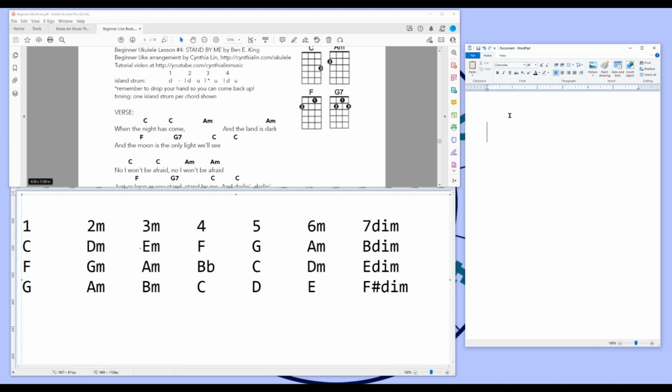So the most common progressions, like I said, 80-90% fall in this pattern. It's a 1, 5, 6, 4. Okay, 6, 4, 1. You don't have to memorize this. 1, 6, 4, 5.